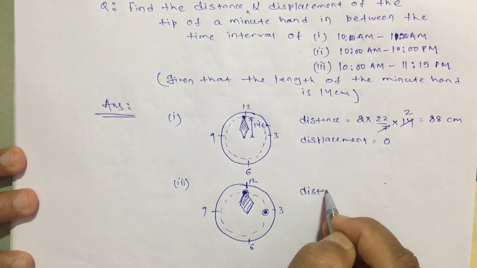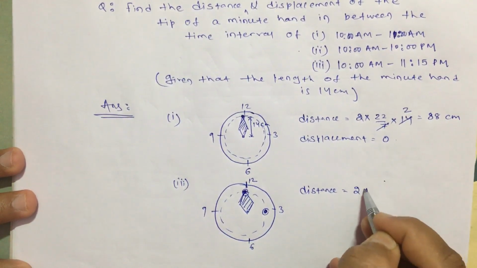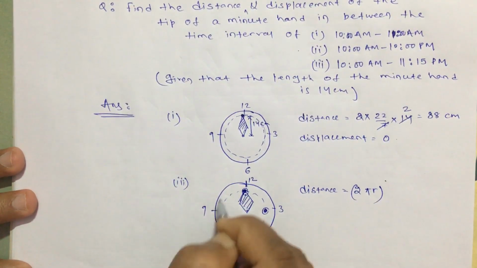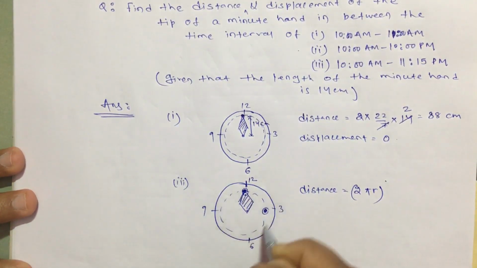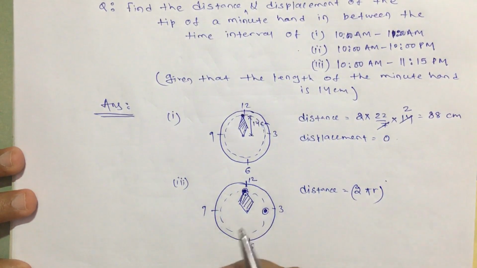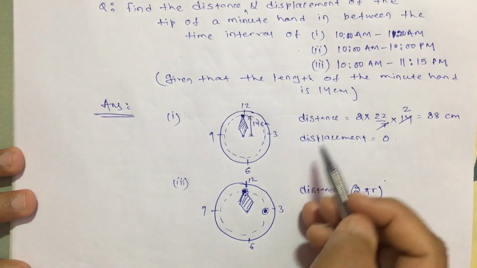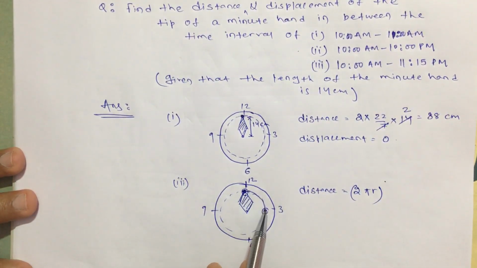So distance travelled can be found by using again 2 into pi into r. This is the total distance in one circle, but it has covered this distance 13 and a quarter times. 13 times from 10 am to 11 pm, and for these 15 minutes it came from here to here, which is a quarter of this circle.